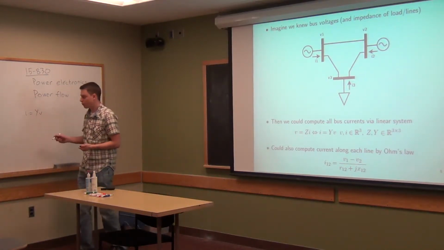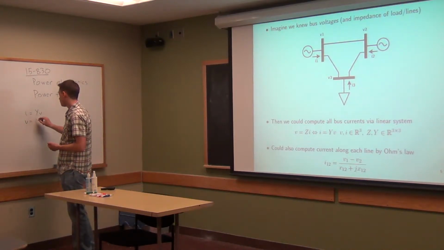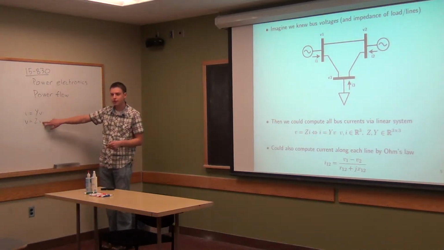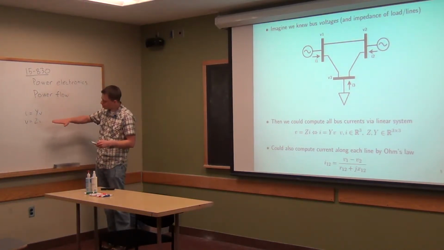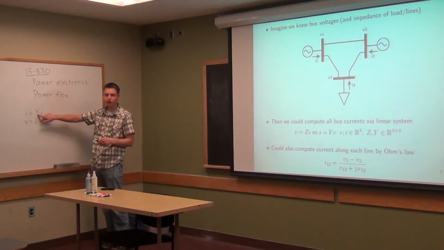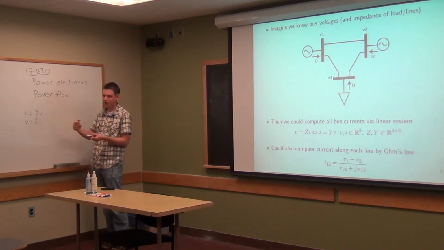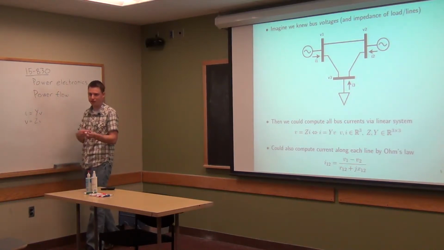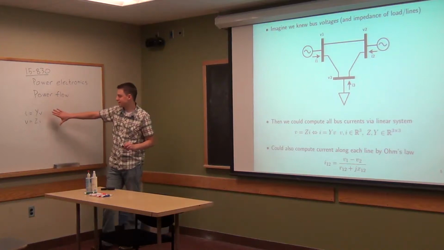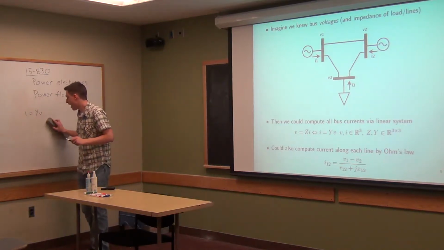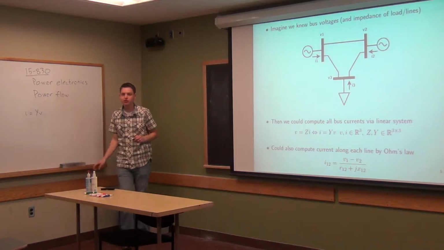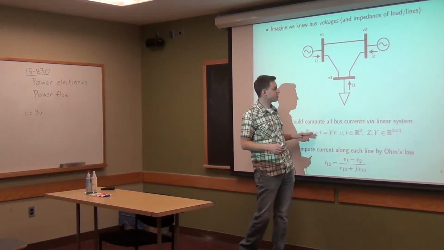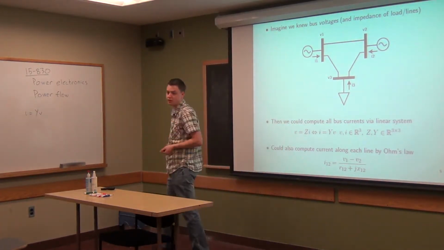We saw it before more in terms of the other one, where the voltage was equal to some impedance matrix times the current, but these are equivalent. They're not quite, because this matrix is not invertible, but you can come up with it. You have to specify more than just three of these, and some things are impossible. But essentially, you can construct a linear equation like this, and that lets us compute either voltages from currents or currents from voltages just by plugging into this system.